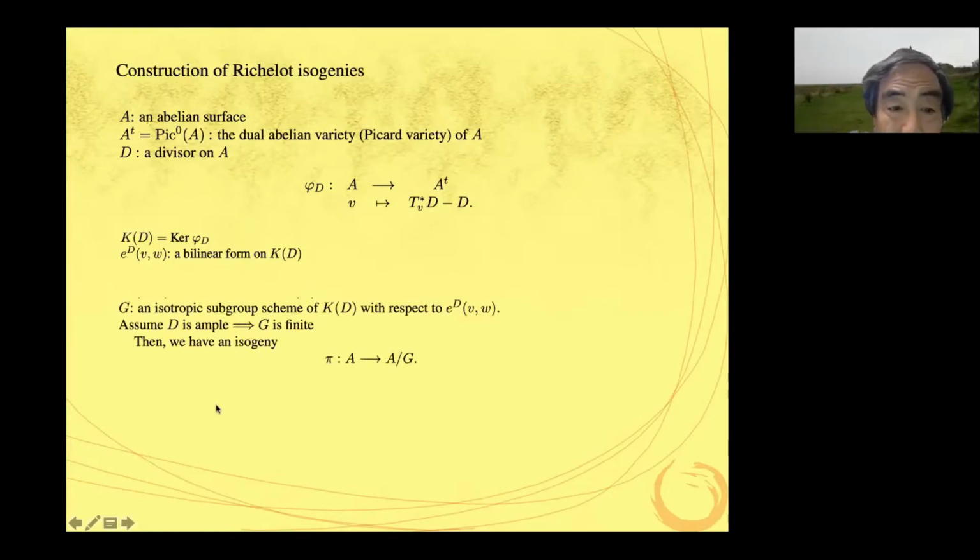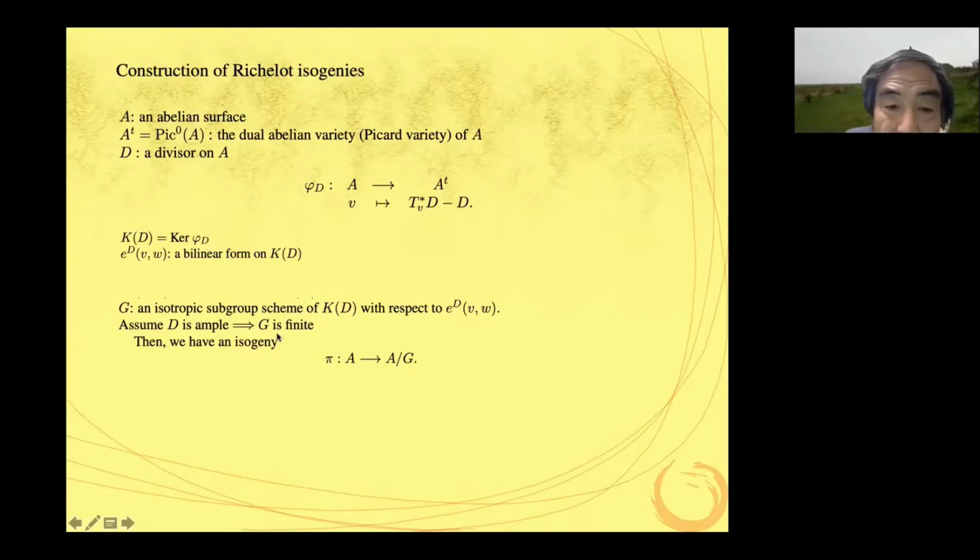And let G be an isotropic subgroup of KD, a subgroup scheme of KD, with respect to this bilinear form. If D is ample, then KD is finite, as is well known.